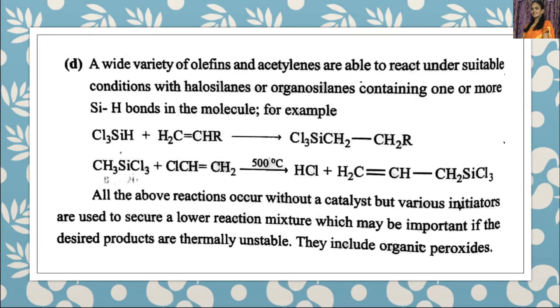Now next one is another preparation. A wide variety of olefins, that is alkenes and acetylenes, are able to react under suitable conditions with halosilanes or organosilanes containing one or more SiH bonds in the molecule. So let us see the compounds containing SiH bonds. They react with olefins, that is alkenes or acetylenes, to form halosilanes or organosilanes. Now let's see.